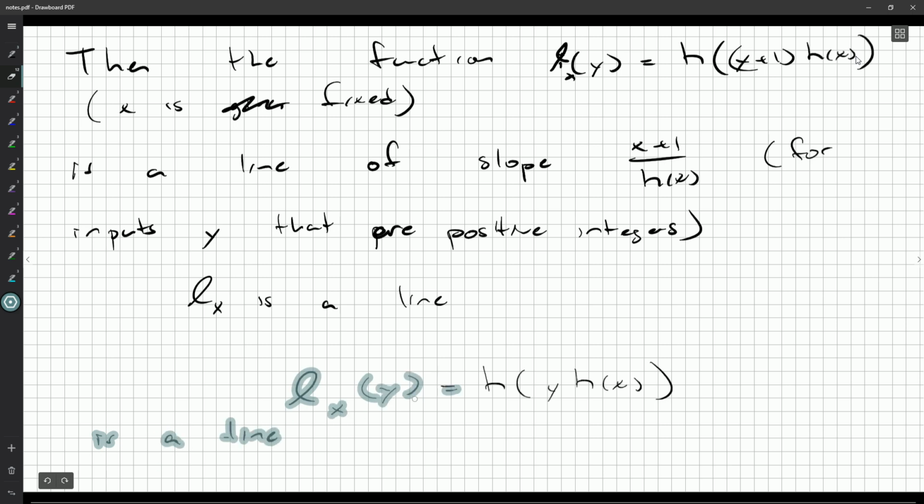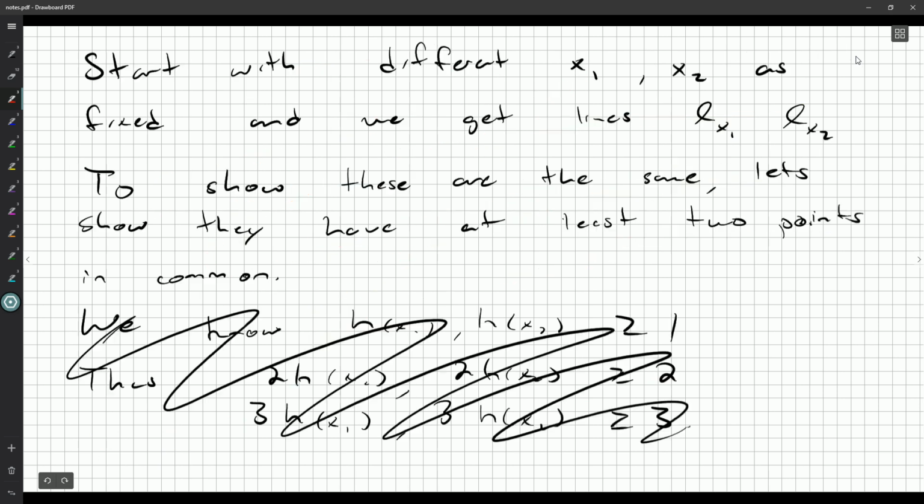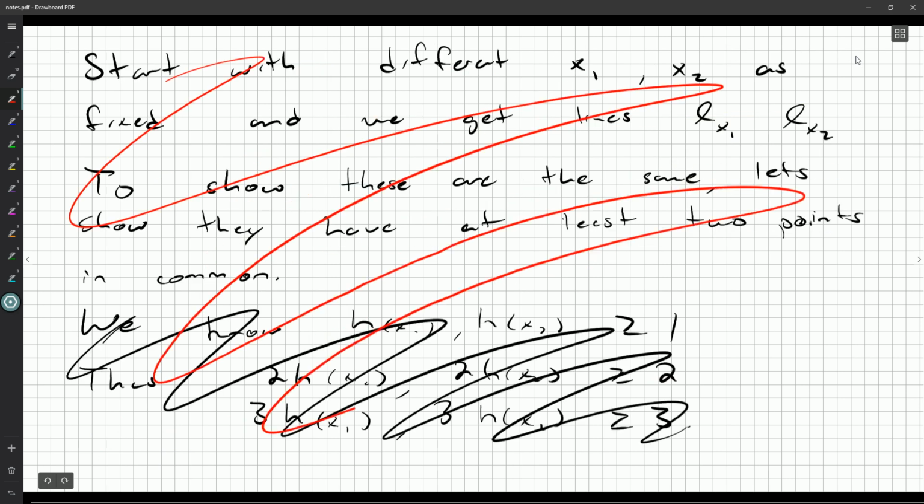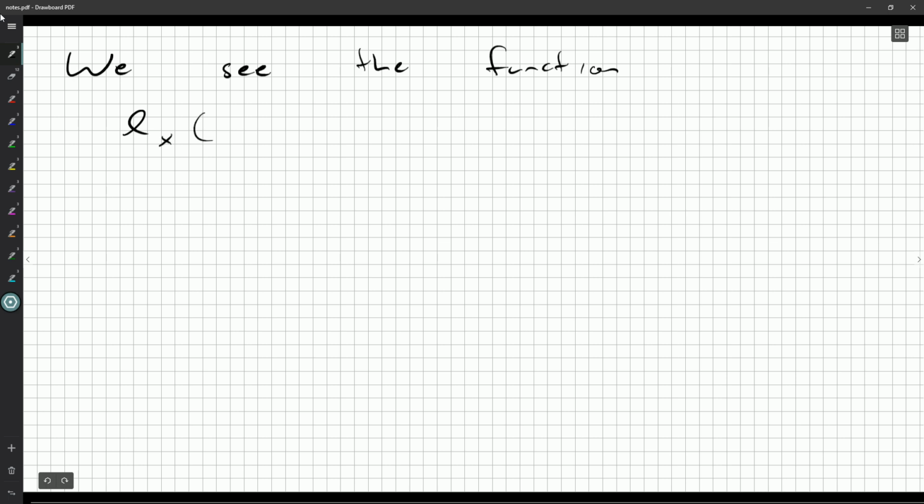So let's scrap this, and we'll start over again. I don't like this. I'm going to redefine my line. All right, so let's say we see the function. I'm going to call L of x of y is equal to h of y h of x, is defined for y greater than or equal to 2.